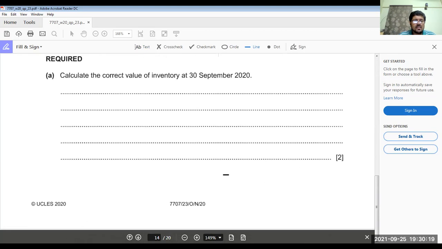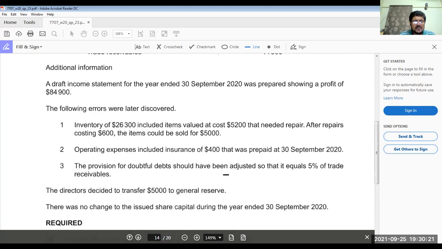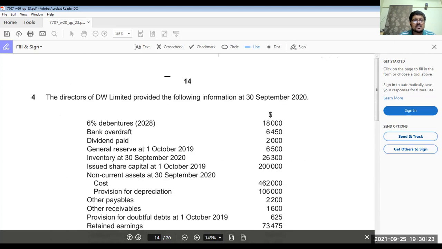Now question number 4, what we have to do? Correct value of inventory we have to calculate. Okay. So see what's happening.